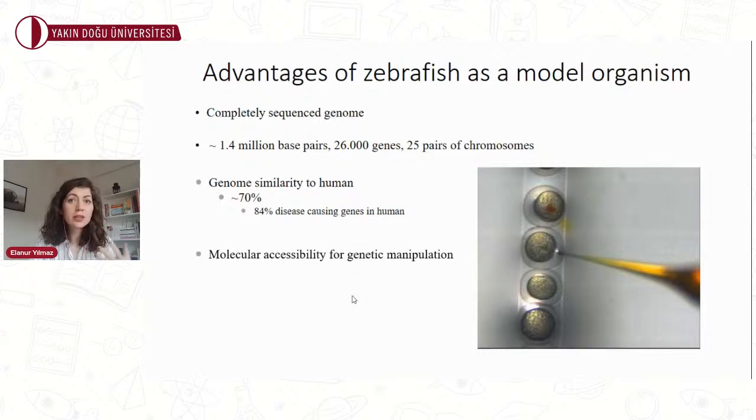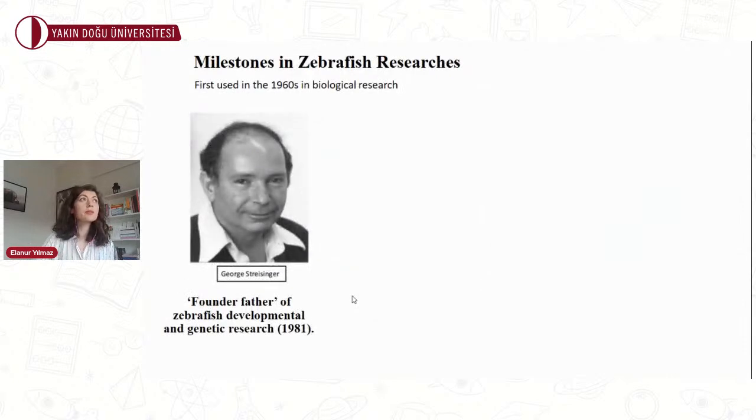So we do not know the exact reason, but possibly in line with some of these advantages, in 1981, George Streisinger chose zebrafish as a model in which to explore the genetic basis of vertebrate neural development.